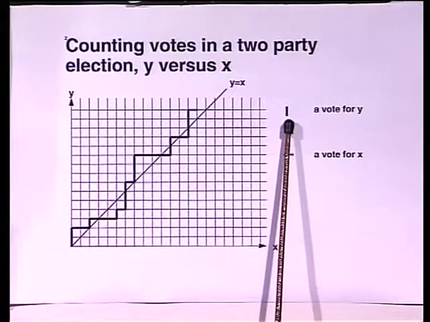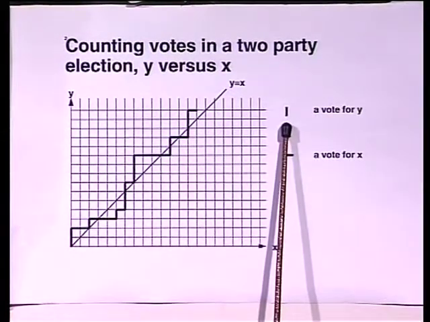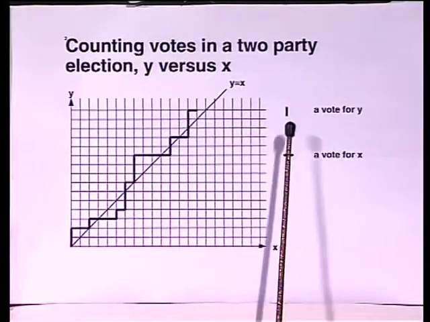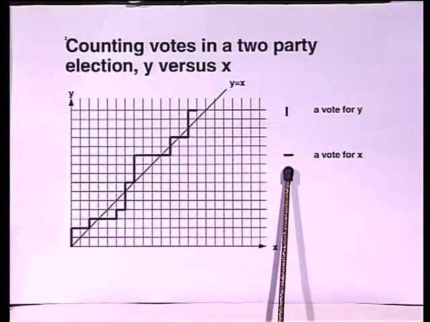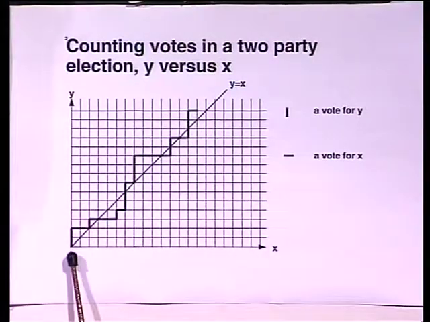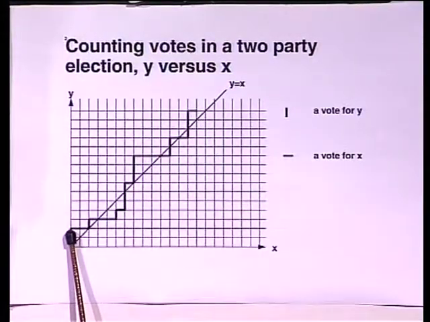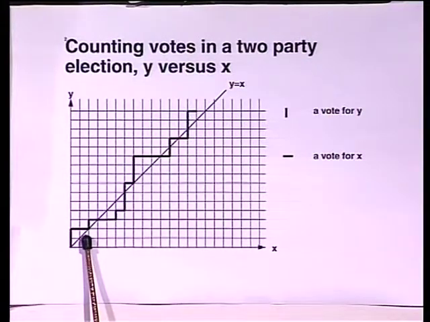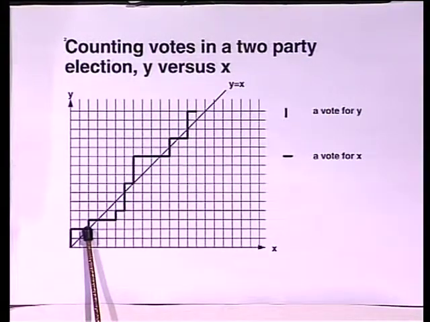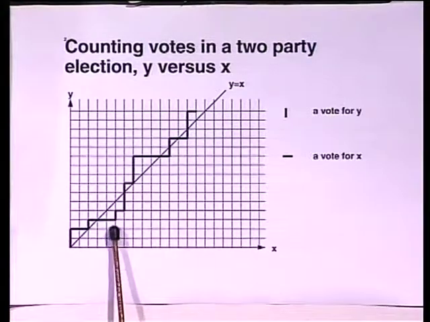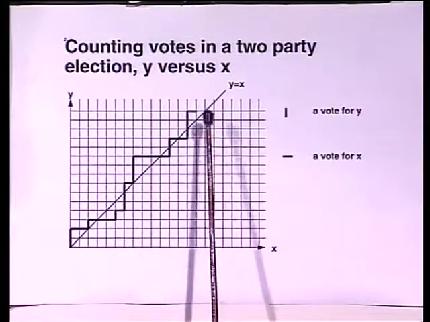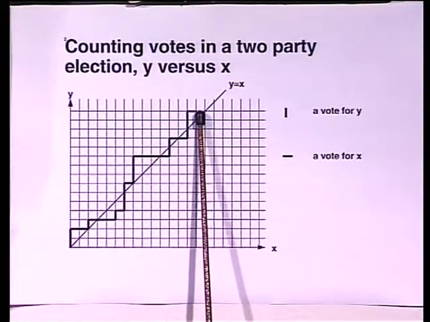So a vertical line in this diagram denotes a vote for candidate Y, and a horizontal line denotes a vote for candidate X. So this election begins with 2 votes for Y, 2 votes for X, a vote for Y, then 3 votes for X, and so on. And at the end of the election, the count is at this place in the diagram, and Y has won by a narrow head.